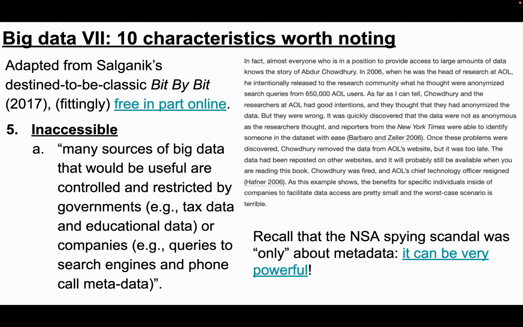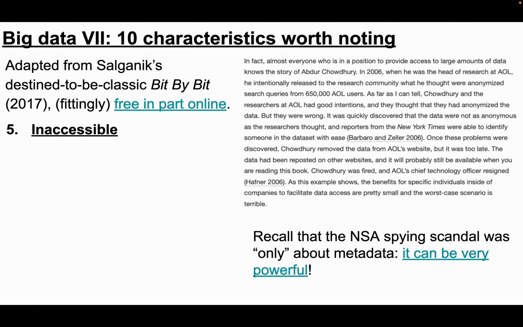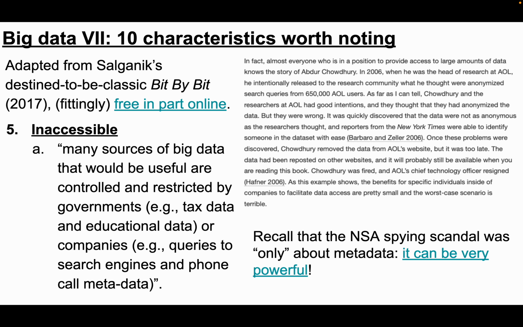Here is a really interesting study about some of the problems with the head of research at AOL, basically. He tried to release anonymized search queries, and then someone else showed that these could be linked to individual users. So there's all kinds of backlash to this and similar events.